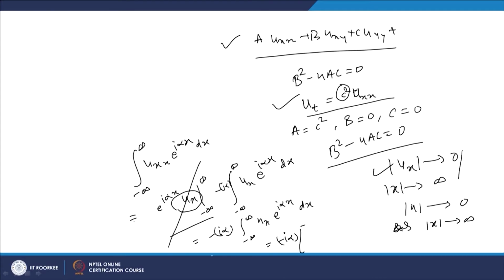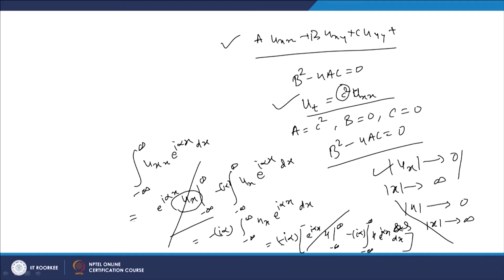Now we have to apply integration by parts one more time. With the minus i alpha in front, it is first function integration of second, so e to the power i alpha x u between minus infinity and infinity, minus again will come a minus i alpha times the integral from minus infinity to infinity of u and e to the power i alpha x dx. Here again we use the same thing, that u is tending to 0 as mod of x tends to infinity, so this will simply vanish.